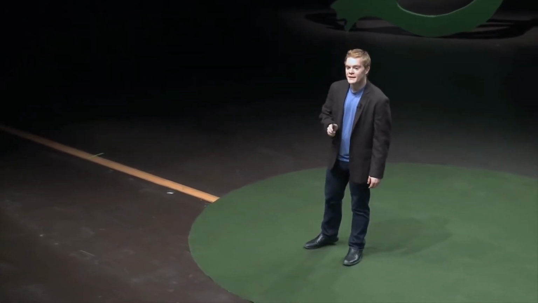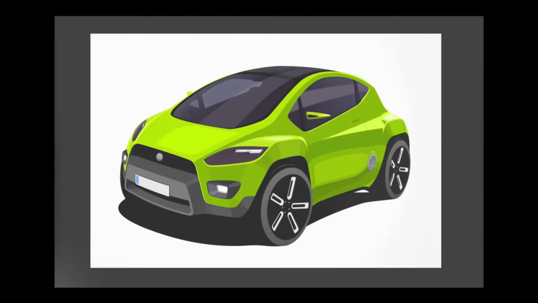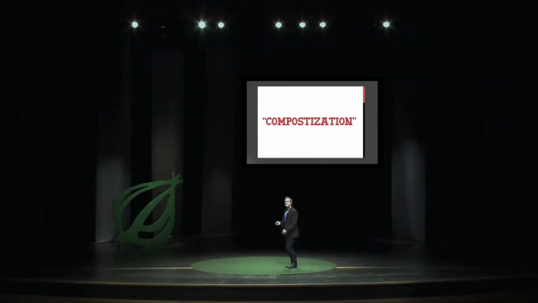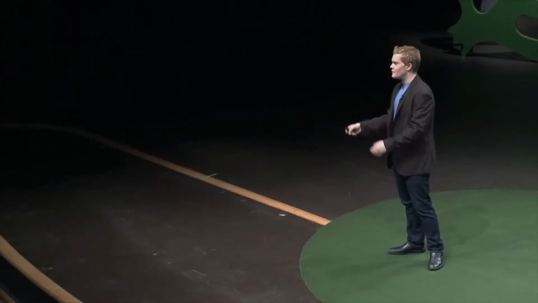My idea to create a car that runs on compost. So how does it work? Well, it's quite simple. Instead of using gas, it uses compost. Compostization. That's my idea for what we'll call the process of converting compost into fuel.